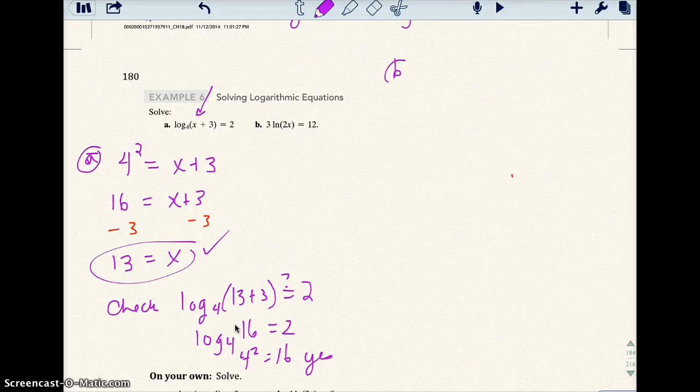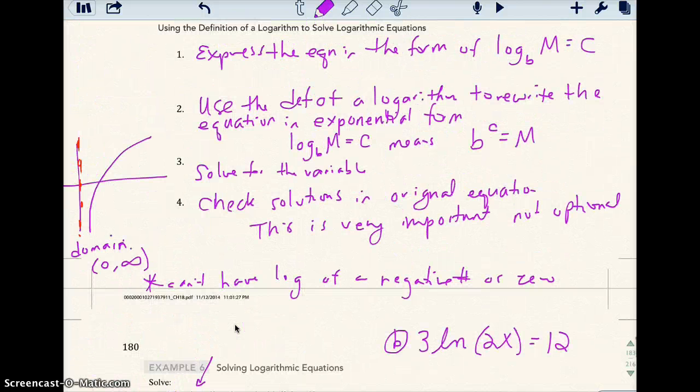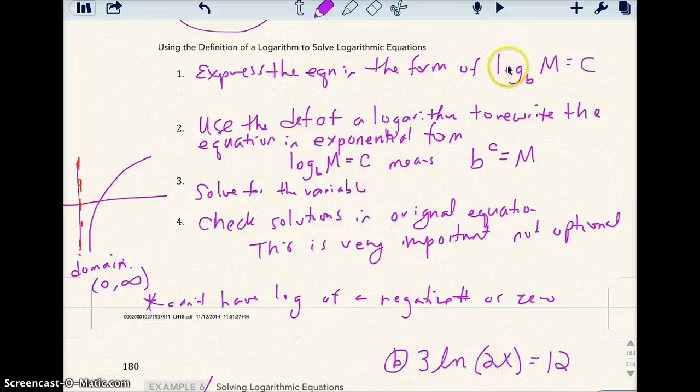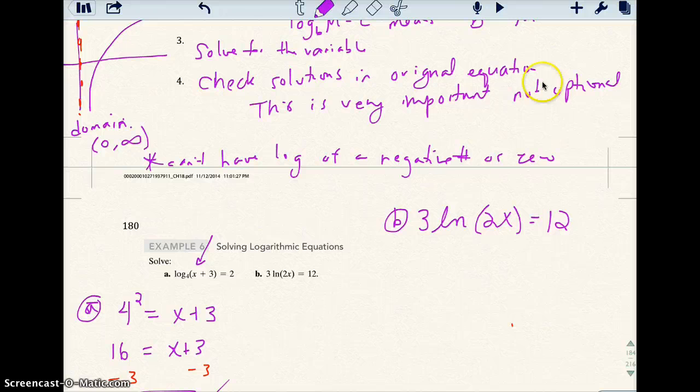In part B, I have the equation 3 natural log of 2x equals 12. Again, we want this in the form of a logarithm. Right now, we want the natural log, and we don't want a number in front of it, a coefficient. So I need to get rid of this 3 right here. I'm going to divide both sides by 3.